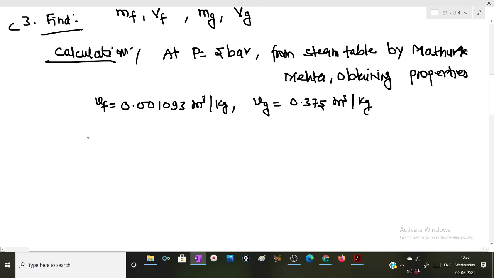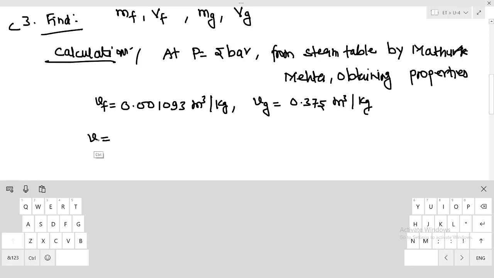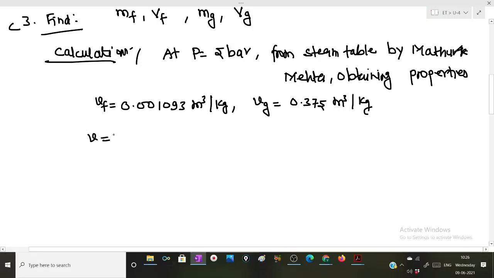So let us convert the total volume of the vessel into specific terms. So it will be V by M. The total volume of the vessel is 0.6 meter cube and the total mass is 2 kg.